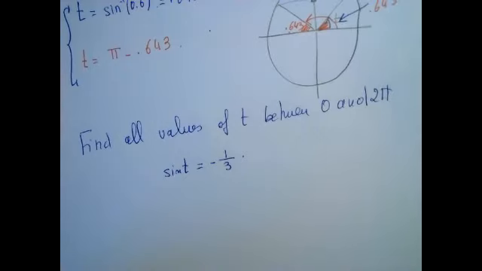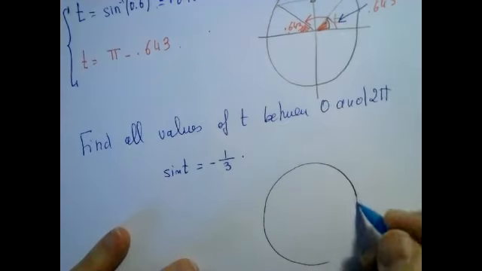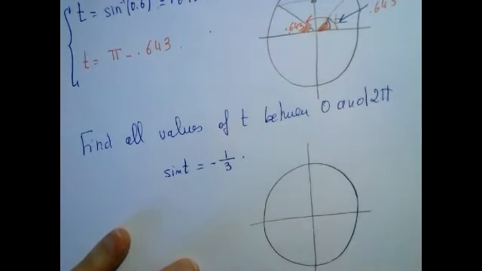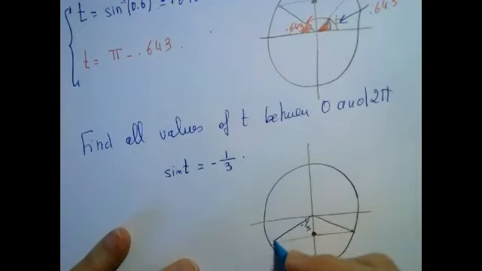Again, we draw the unit circle. And if I want the sine to be -1/3, the sine is the y coordinate. If this is a 1, this should be right there. That's the -1/3. And then I want the angle whose sine is -1/3. So I know that there is this one and there is this one.